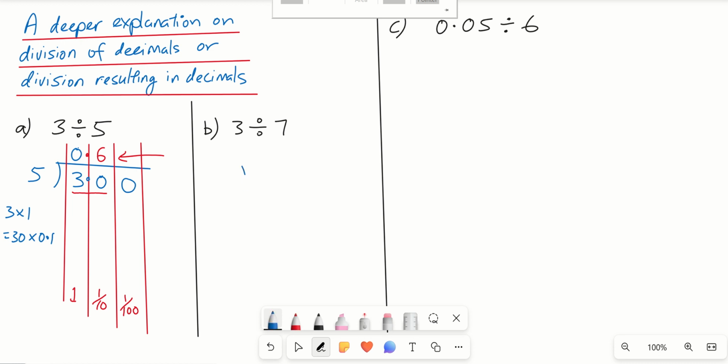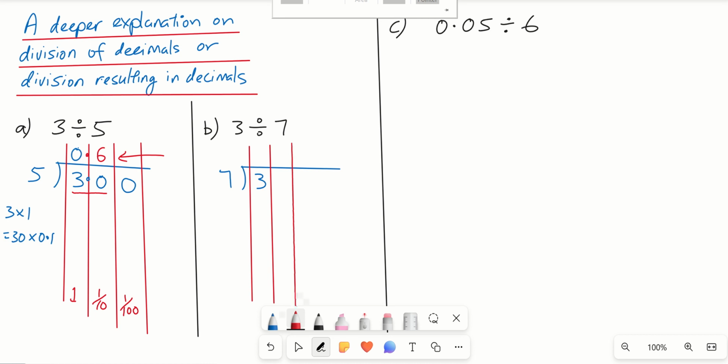Let's take a look at another example over here. We have 3 divided by 7. We put 3 in the division bracket and 7 on the outside of the division bracket. As in the previous example, I'm going to create extra place value columns. I put quite a few here, actually, because I know that this division is going to continue for quite a fair bit.